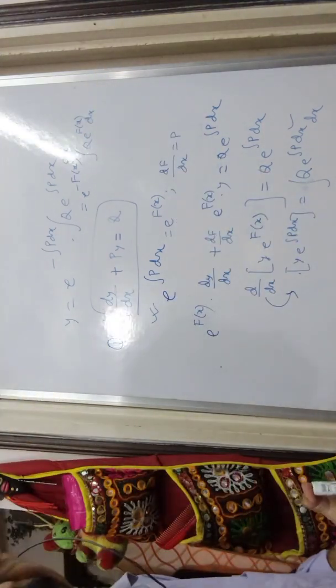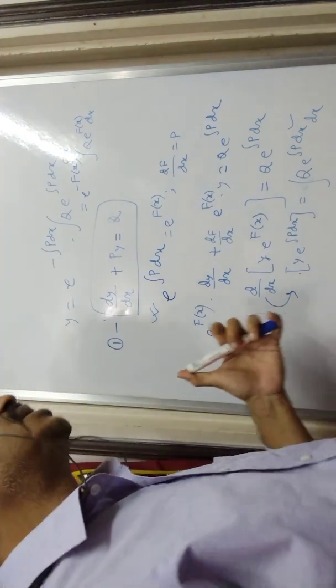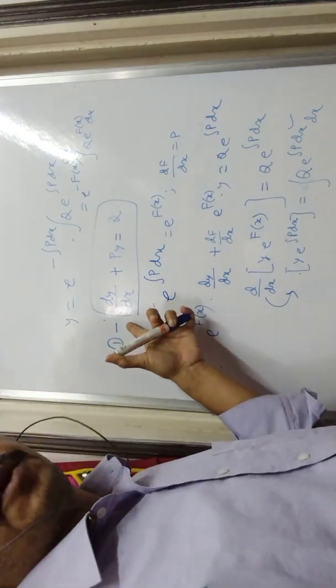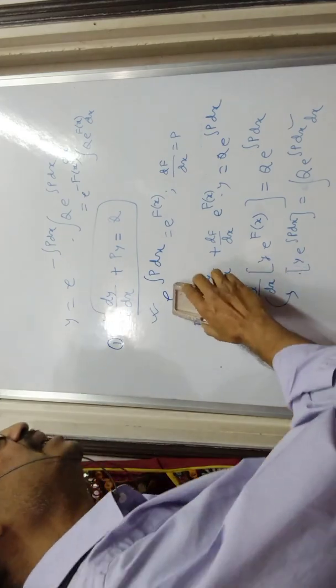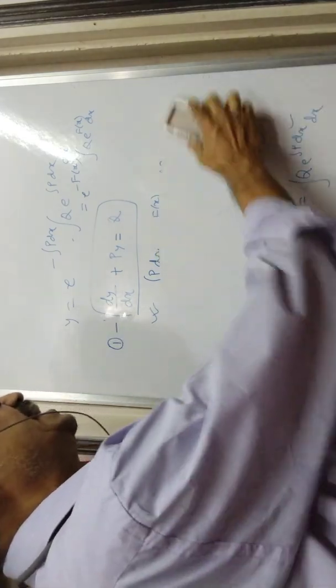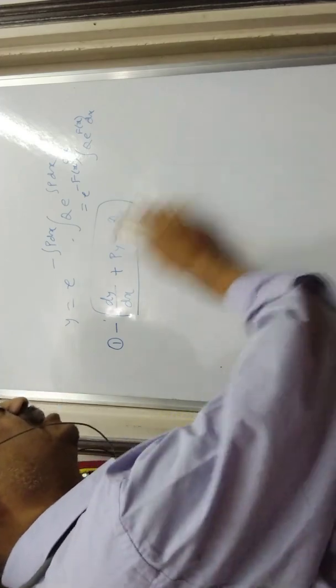So whenever we have a differential equation of this form, first order and first degree, we have e to the power integral p dx as its integrating factor, which makes it integrable.